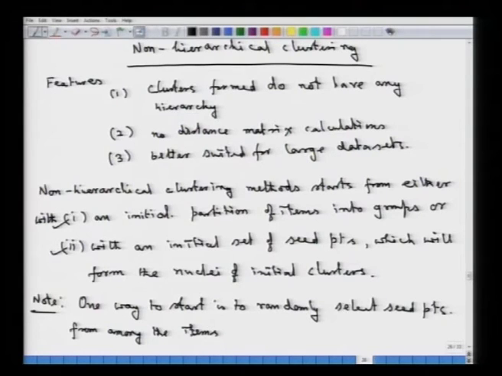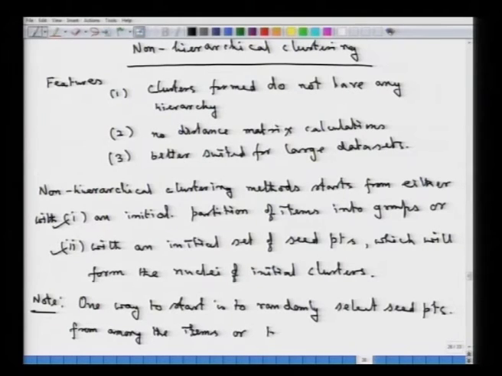When we talk about seed points, which are going to form the nuclei of the initial clusters, which are going to change iteratively, those points also need to be of the same dimension as the data. Thus, choosing an initial set of seed points, say k in number, would be to randomly choose k points from among the n possible items. Now, this is one way which would take care of this particular approach.